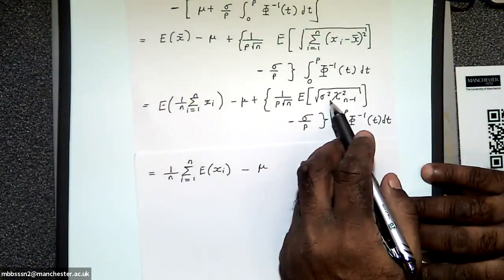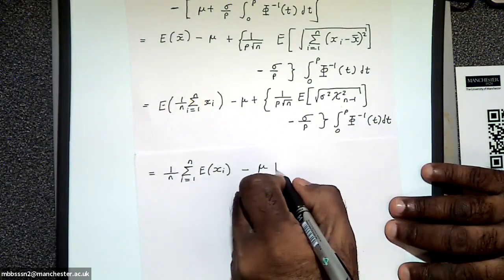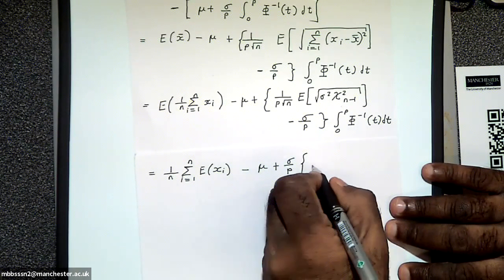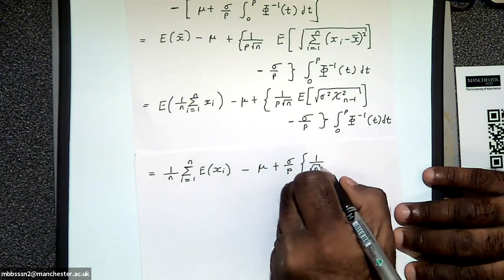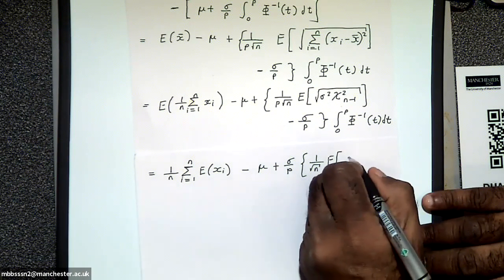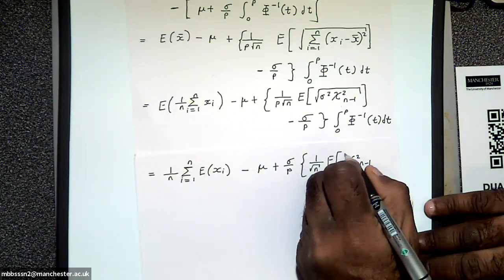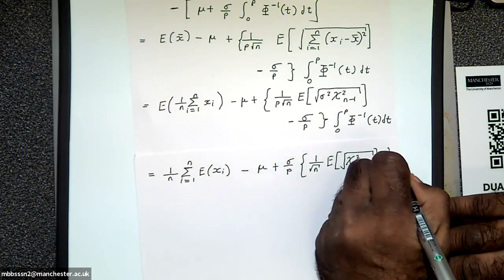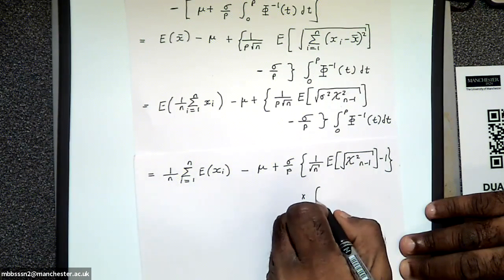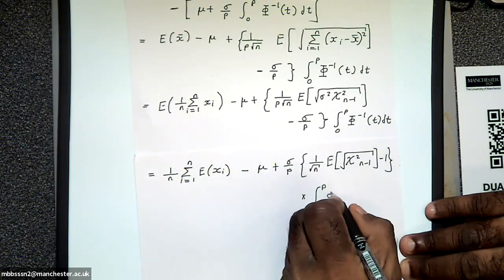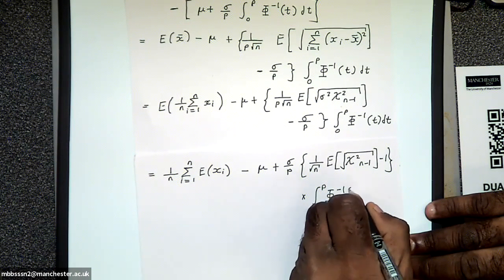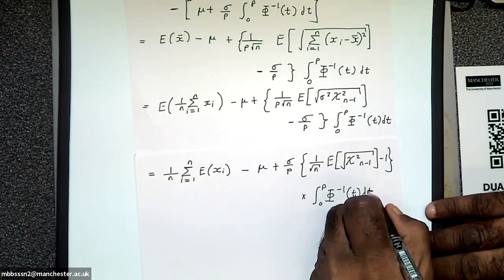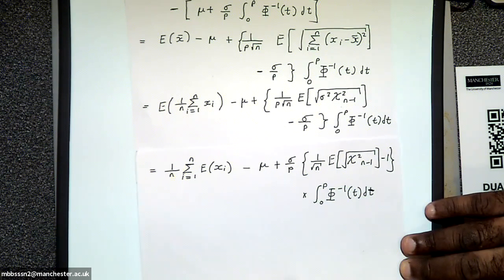The square root of sigma squared is sigma, so you can pull it outside. This is a common factor. So in brackets, you have 1 over root of n times the expectation of the square root of a chi-squared variable minus 1 multiplied by, okay, right?